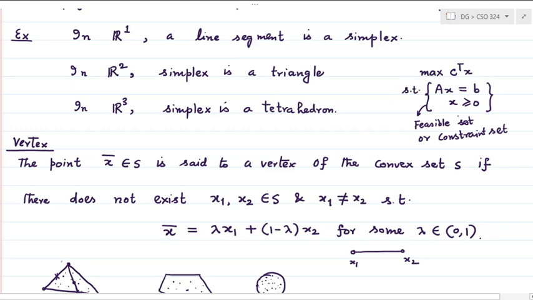Fine. This set of points which are satisfying Ax equals b, x greater than or equal to 0, as you all know, collectively produce a geometrical region, and that geometrical region is a polygonal region that we all have seen in the last day.